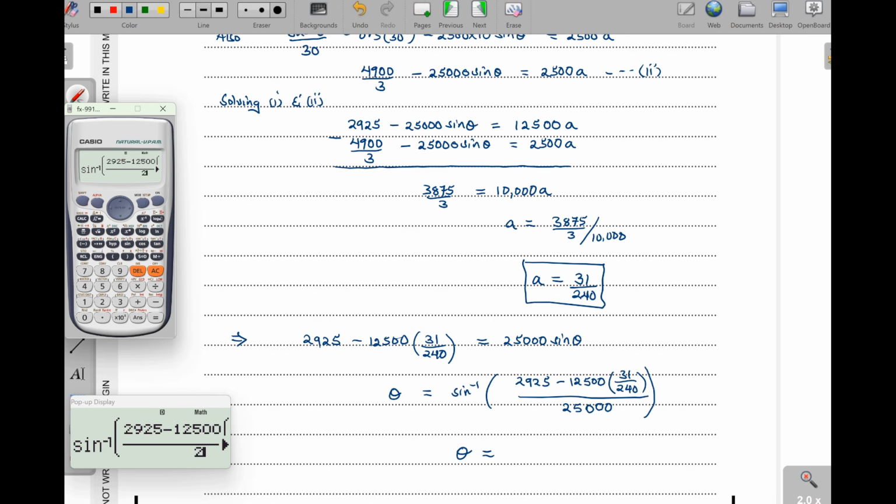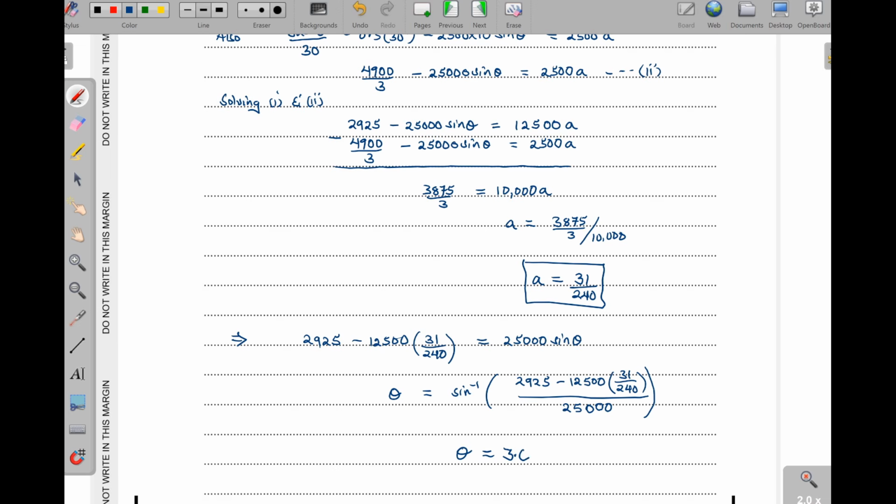We are having 25000, and then we close the whole thing. The answer becomes 3. So it is 3.0 degrees. That is to 1 decimal place. As simple as that.